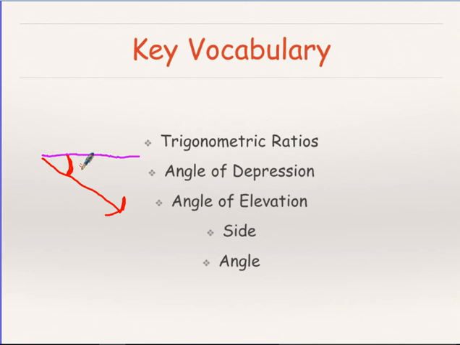So right here is the angle of depression. My angle of elevation would be to look from the ground, and elevate means to go up. So this black line that goes up from the ground forms, in between it, an angle of elevation right here. That's the angle of elevation.